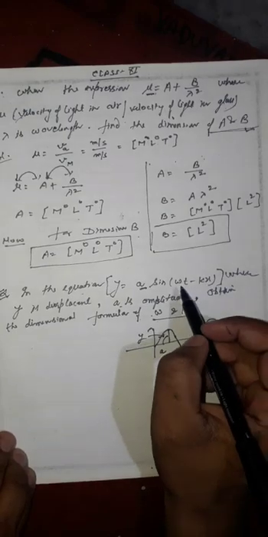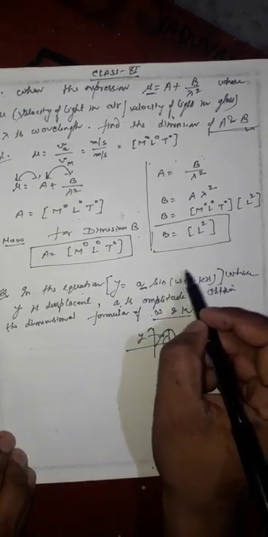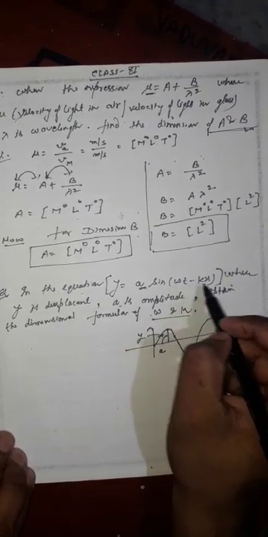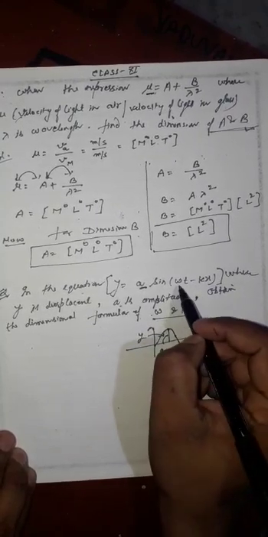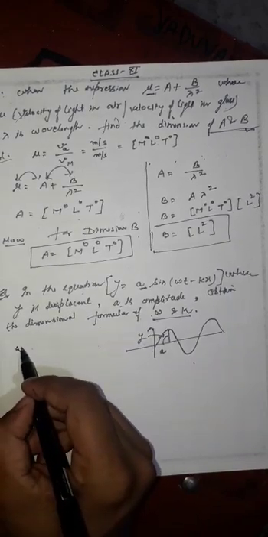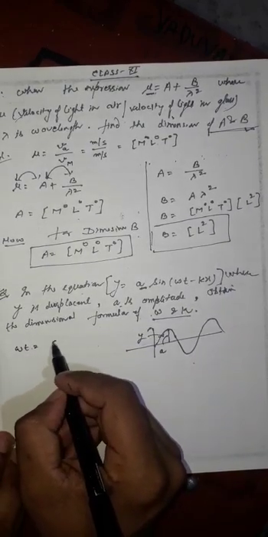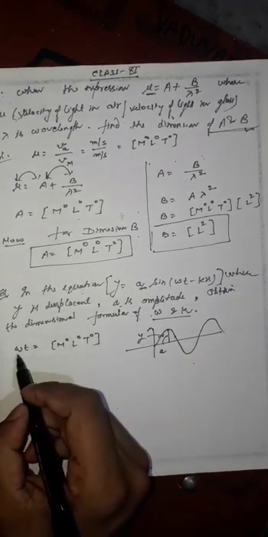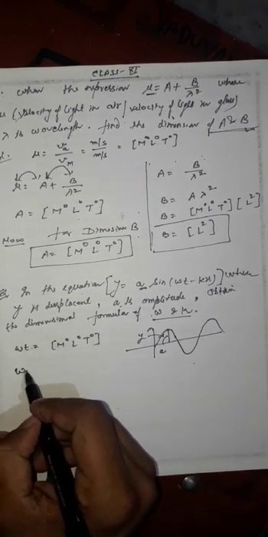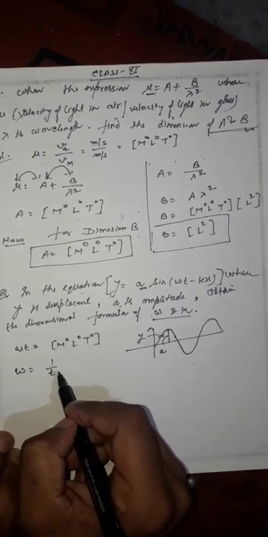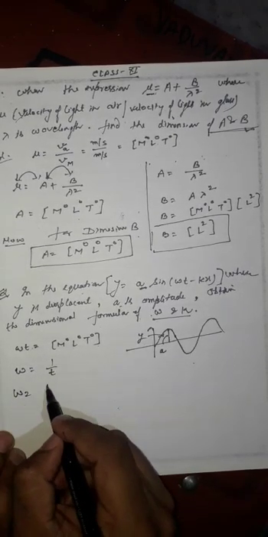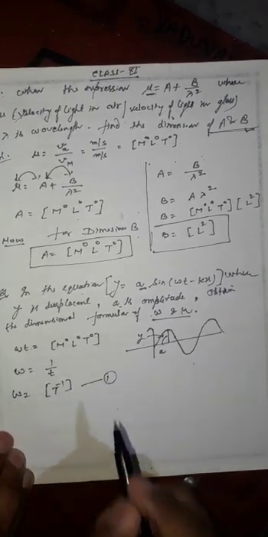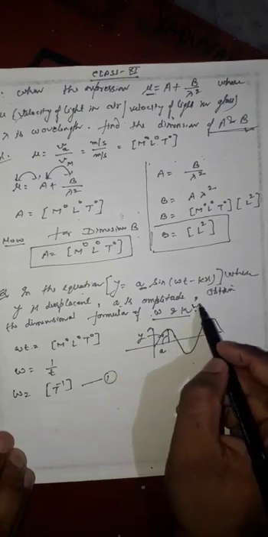You know, my dear students, first of all the angle is in radian form. It means this is dimensionless, this is also dimensionless. Then we can say omega t is equal to M0, L0, T0. Then t is the time, so omega is equal to 1 upon t, and the dimension is T to the power minus 1. That is first. Second, find k also.